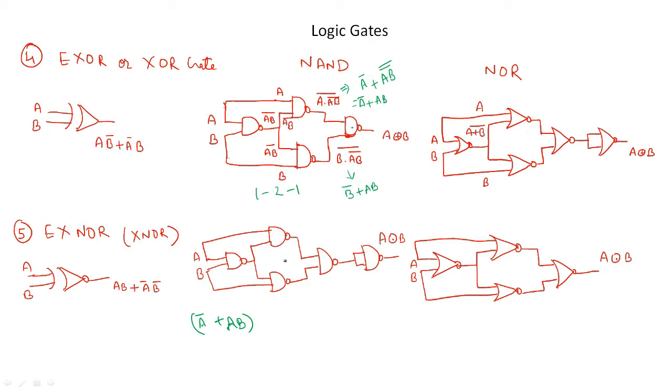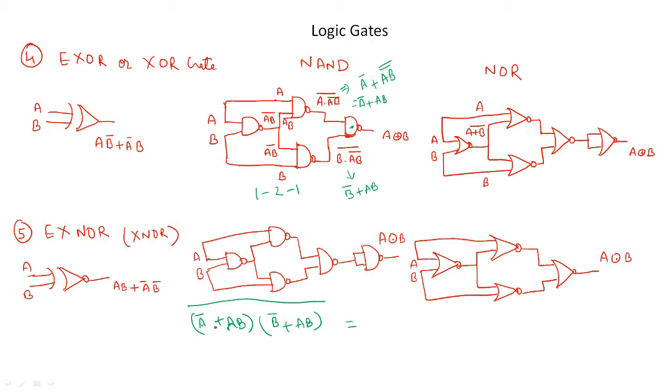This is the first input of this NAND gate, and the second is B bar plus AB. So after the NAND operation of these two inputs, you will have the output like this.